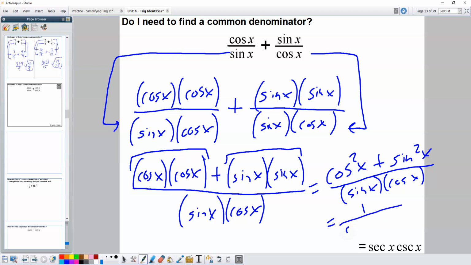So I've got 1 over sine of x cosine of x. And then when I separate that, 1 over cosine is secant, 1 over sine is cosecant. So that's what we got: secant of x times cosecant of x.